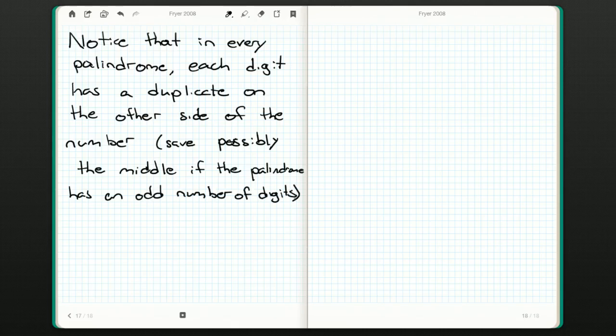Right? Every digit to the left of the middle has a corresponding duplicate on the right side of the middle.